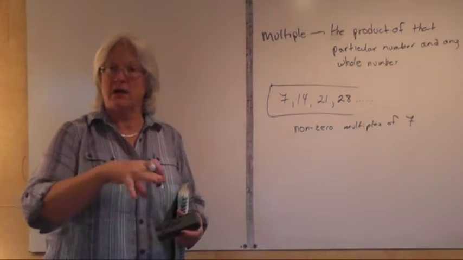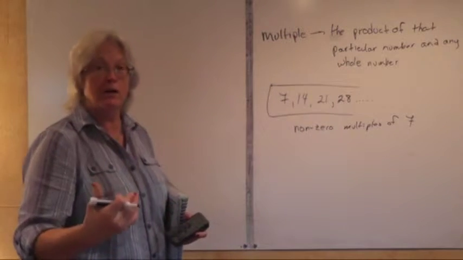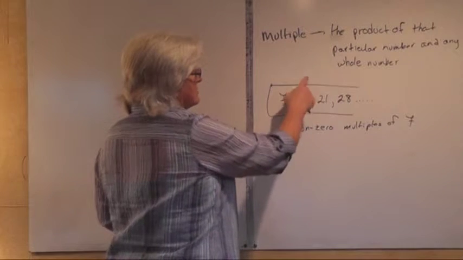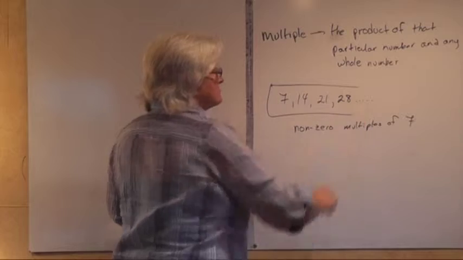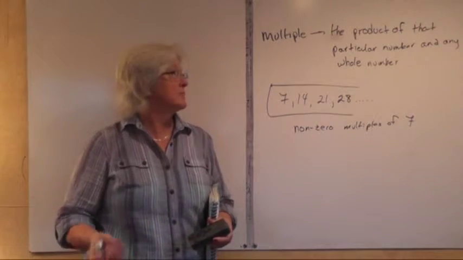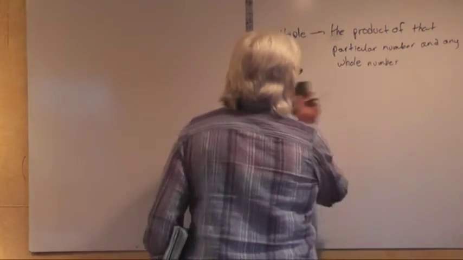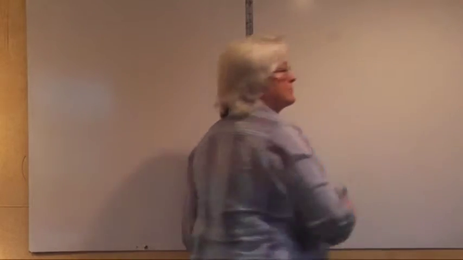Now they're not going to ask you that in your text, but this is what they're building on. You're recognizing a pattern. This is 7 times 1, 7 times 2, 7 times 3, 7 times 4, 7 times 5. So the next number in your pattern is going to be a 35. This is all we're talking about with multiples. It's the product of a particular number and any whole number.